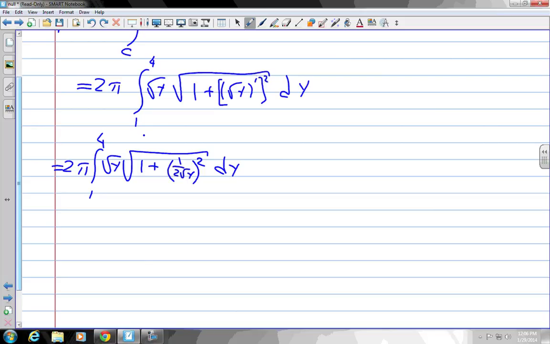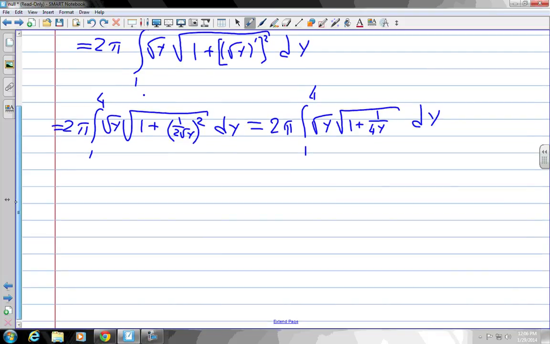So you square the derivative, that ends up being 2 pi from 1 to 4 square root of y, and then 1 plus 1 over 4y dy. Okay. Is that okay?